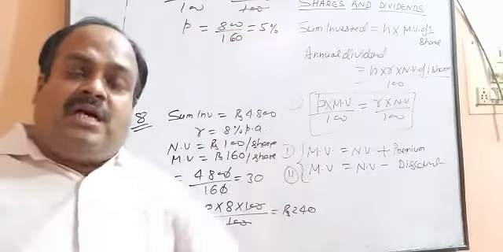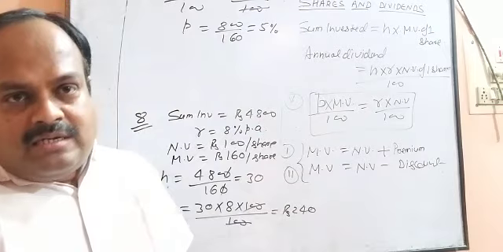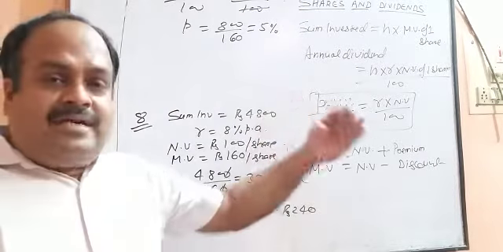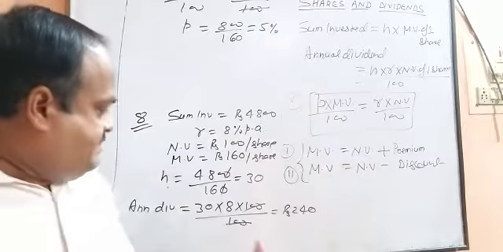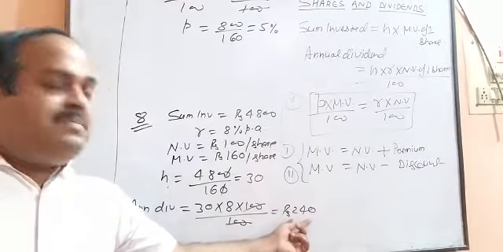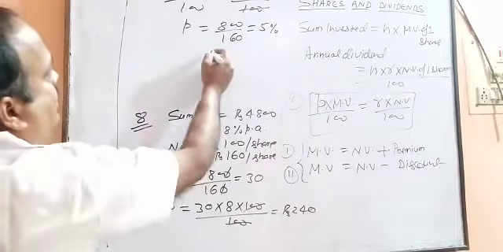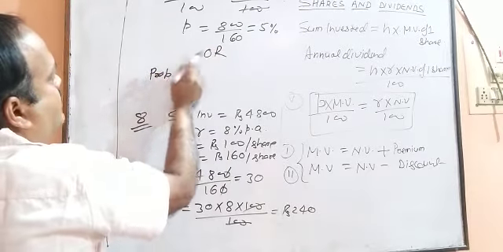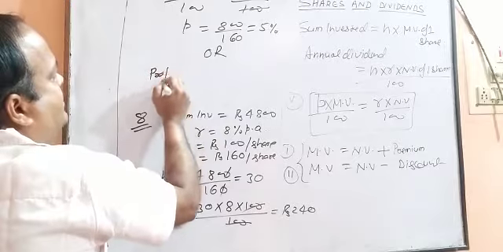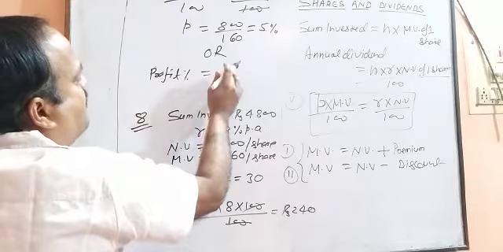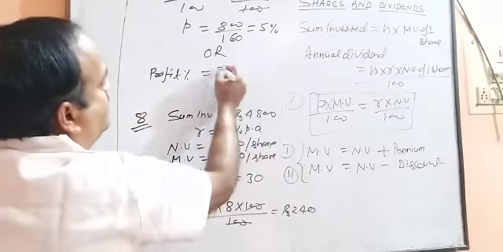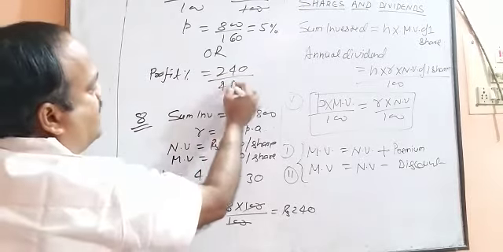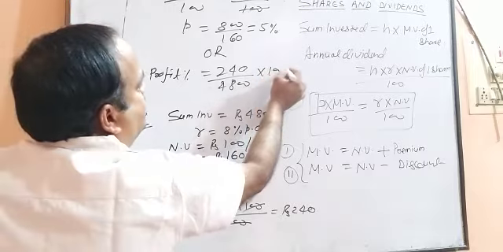There is one more method to calculate the percentage profit: profit upon investment into 100. This is the annual profit. So profit percent is equal to profit, the annual dividend, upon investment, 4,800, into 100.